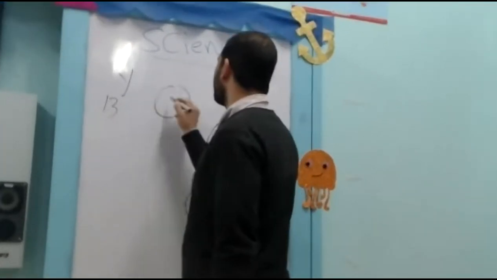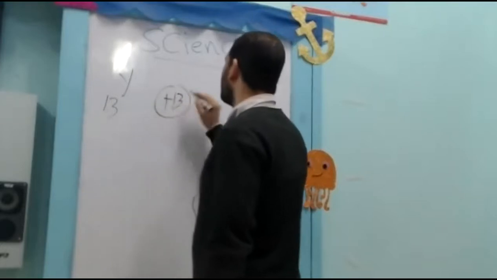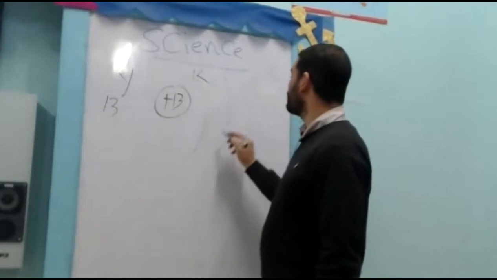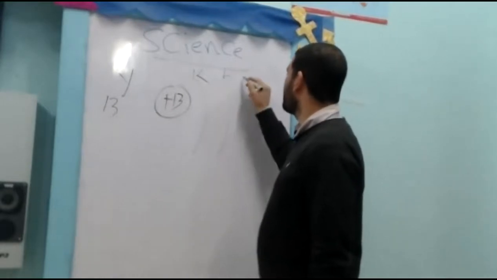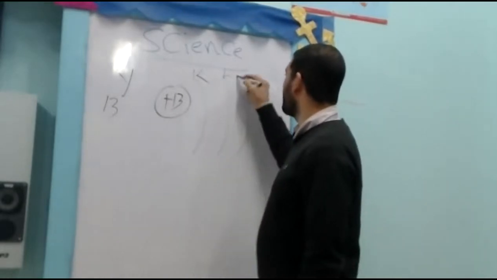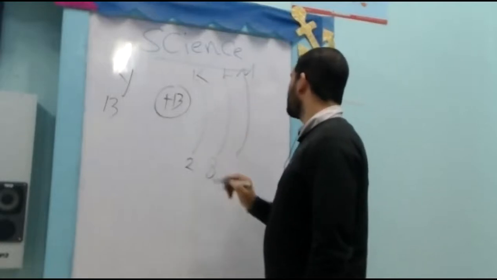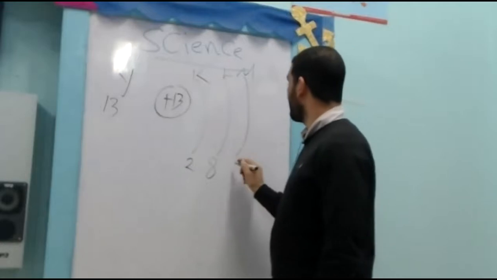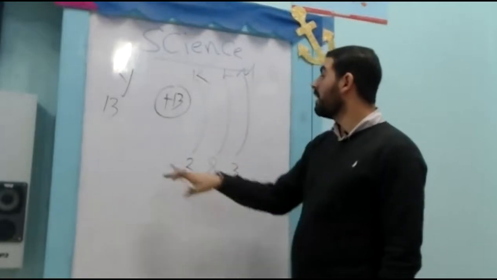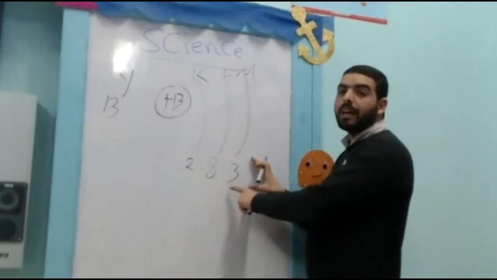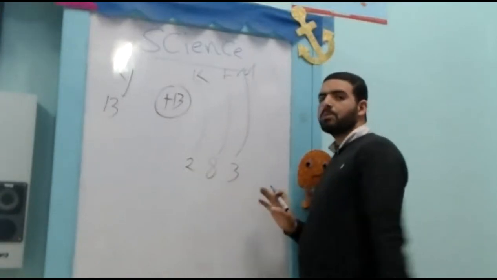First, we must draw the nucleus. Okay, its electrons are configured into 3 energy levels, which are K with 2 electrons, L with 8, and 3 electrons in the outermost energy level. As we see, it is a metal, as it has only 3 electrons in the outermost energy level.